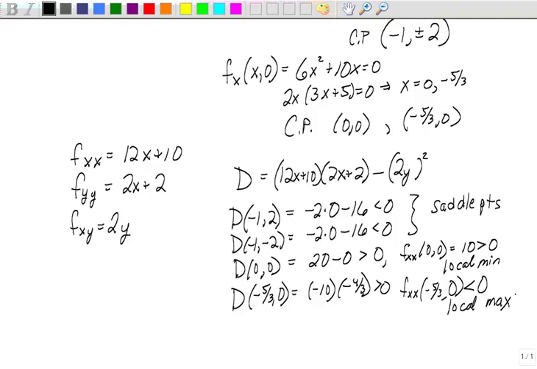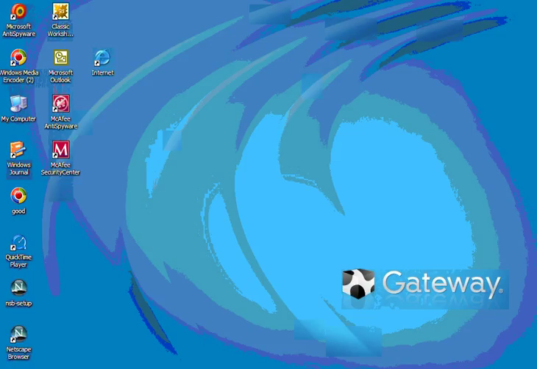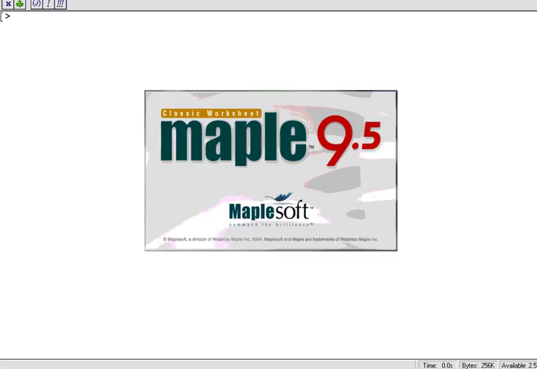Okay, now we're going to go to Maple and graph this. And I want to do with plots.